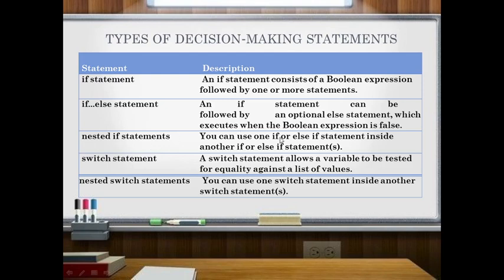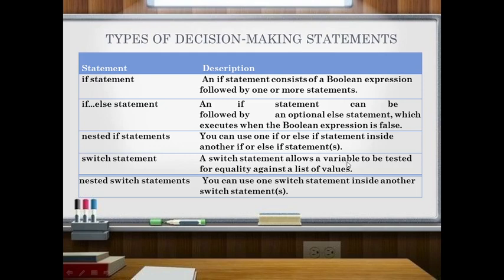Then we have nested if. You can use one if or else if statement inside another if statement, which is called a nested if. Next we have the switch statement, which allows a variable to be tested for equality against a list of values.